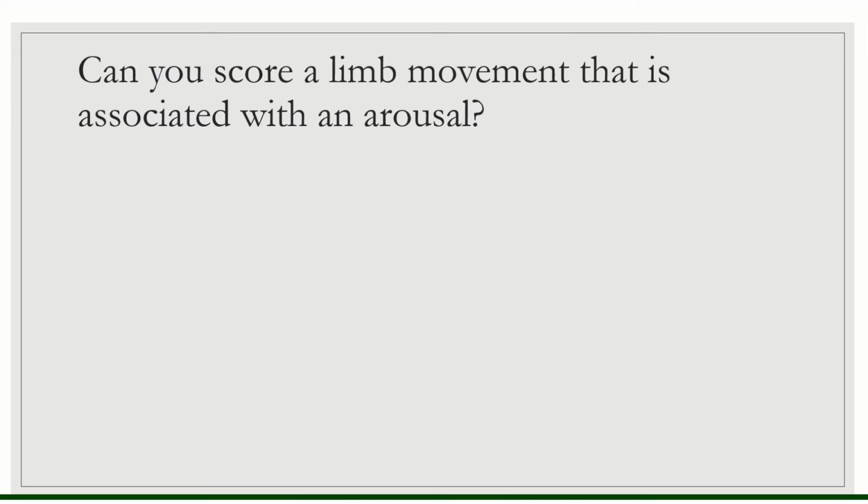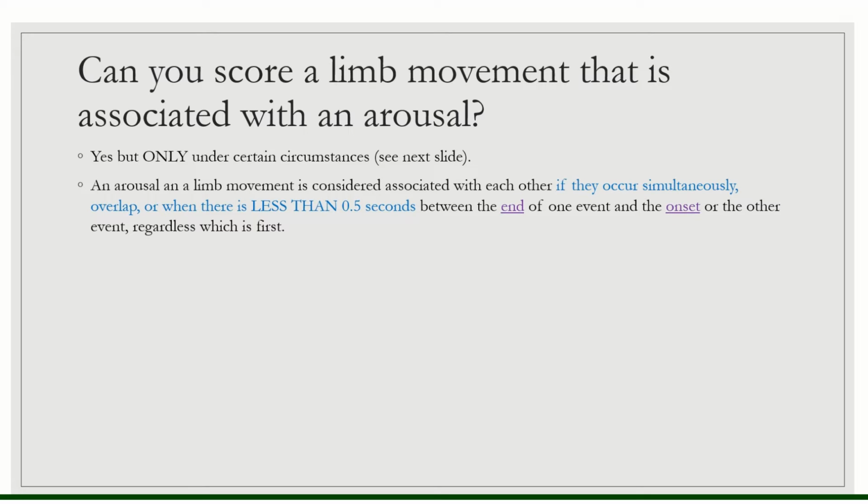Can you score a limb movement that's associated with an arousal? Yes or no? Yes, you actually can, but only under certain circumstances, and we're going to talk about that in just a moment. Let's define what associated means, because we asked if you could score a limb movement that is associated with an arousal.